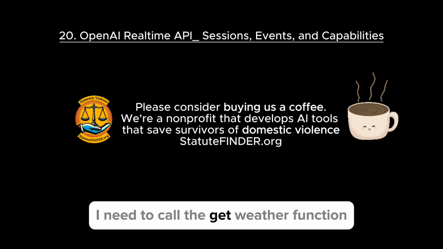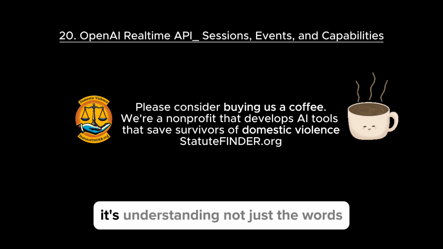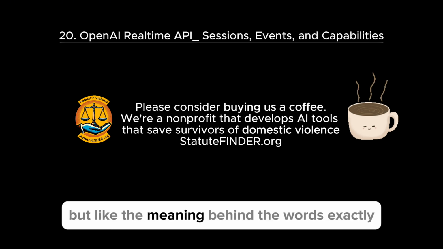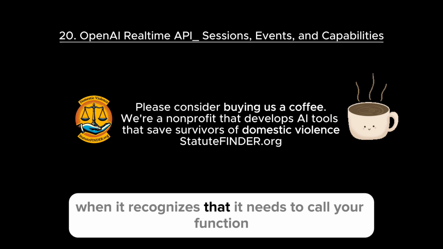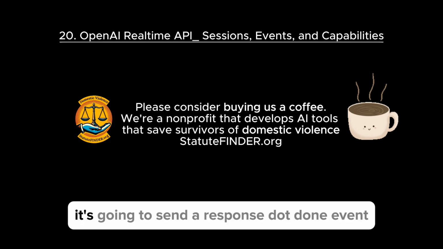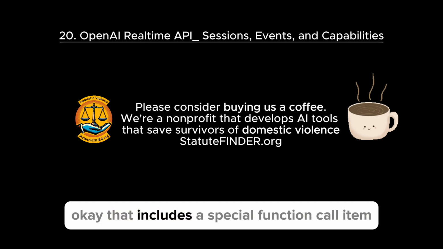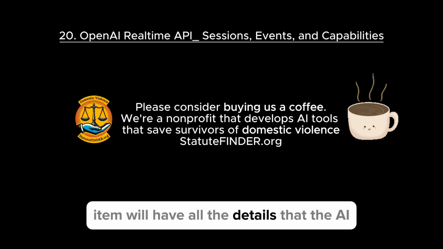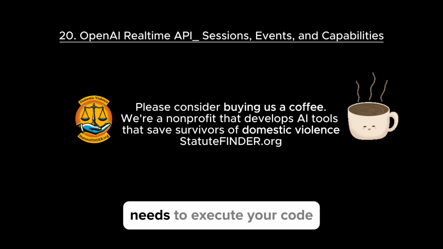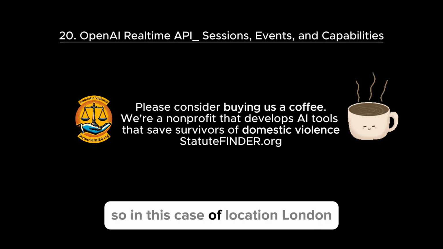I need to call the getWeather function. It's understanding not just the words, but the meaning behind the words. Exactly. So when it recognizes that it needs to call your function, it's going to send a response.done event that includes a special function call item, and that function call item will have all the details that the AI needs to execute your code. So in this case, a location, London.